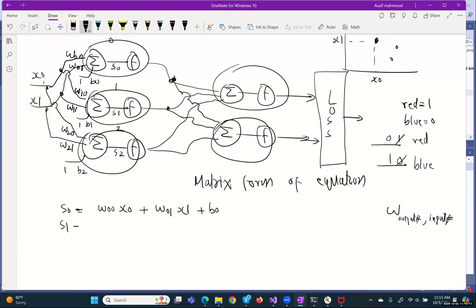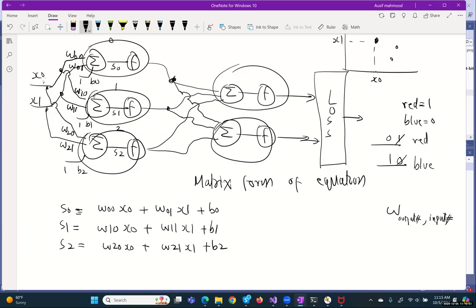Similarly, let's write S1. Okay, W10 is going to X0. It doesn't matter whether I write X first or W first. These are numbers anyway. W10 times X0 plus W11 times X1 plus B1, right? S2, let's go to W20 x0 plus W21 x1 plus B2.